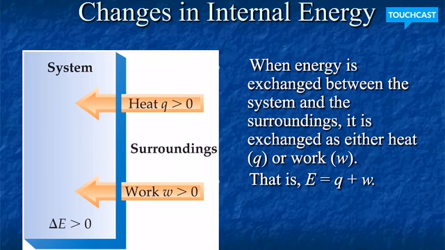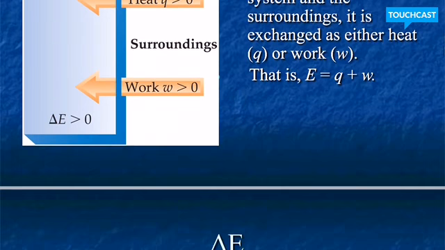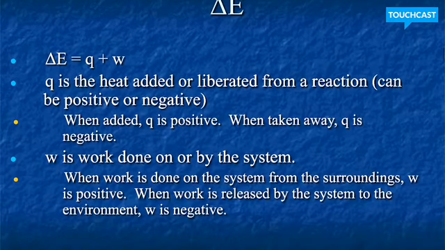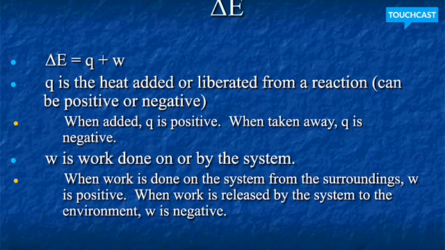So if heat goes into a system, sometimes we call that an endothermic process. But when heat is released from the system, we call that an exothermic process. So the value that we give to the Q and to the W, Q is heat, W is work, can either be positive or negative.